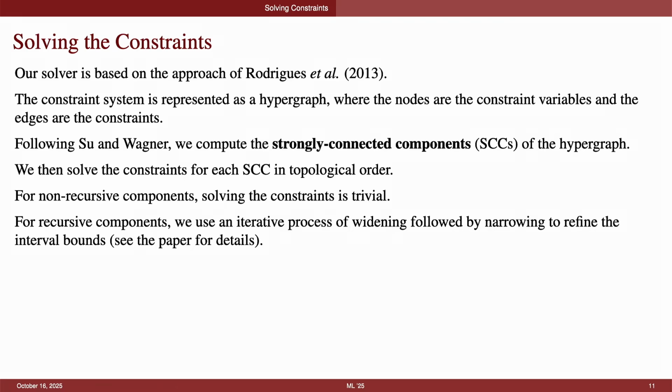For recursive components, we use an iterative process that involves widening to deal with the fact that otherwise you could get unbounded growth, and then narrowing to refine the bounds so that you actually get useful information out of it. This is a fairly standard but old idea, and the details are in the paper. My student wrote a very nice little description of exactly how all that works.